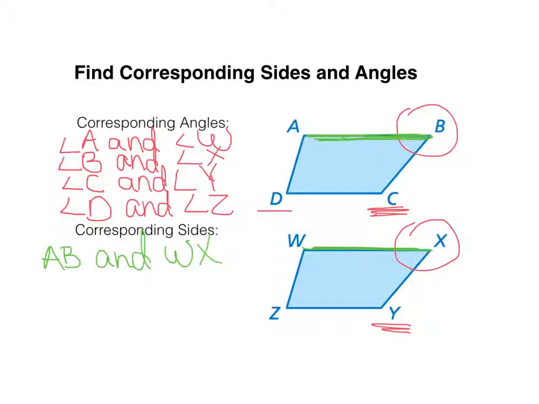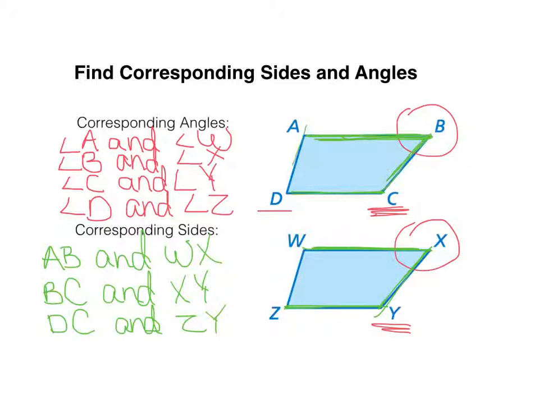Okay, so hopefully you found that BC is corresponding to the side XY, and that DC is corresponding to ZY.